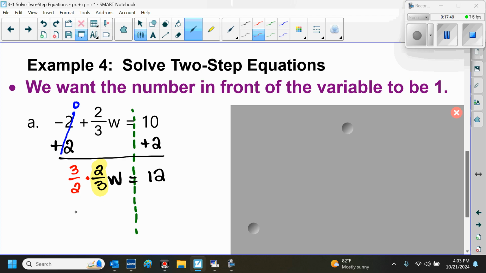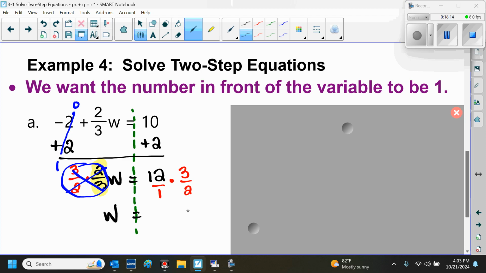And if I multiply on one side by the reciprocal, you multiply on the other. So times 3/2 there. I'm going to put this over 1 just so you can see it. So now, this is 6 over 6. That's equal to 1, right? So this all simplifies to 1. So 1 times w is w. And now my variable is by itself.